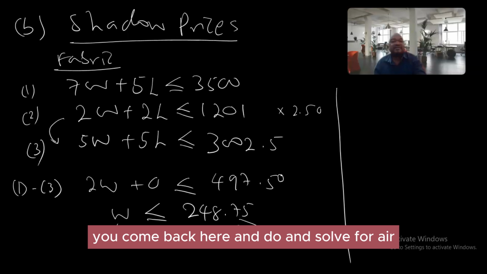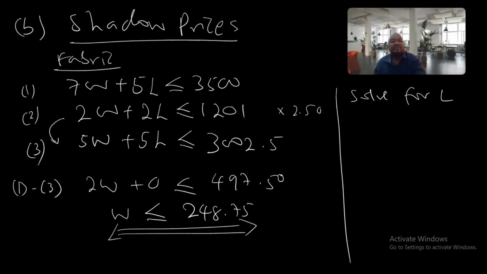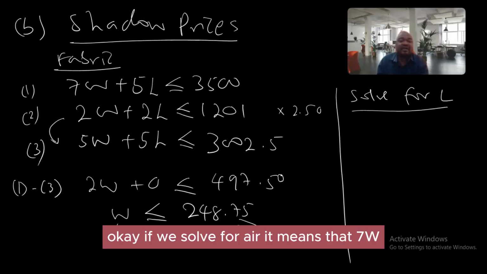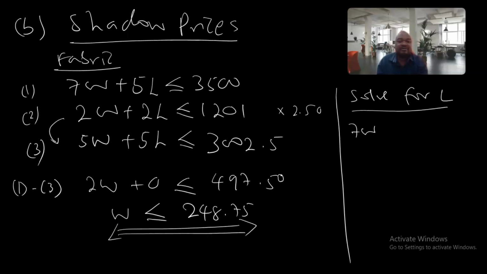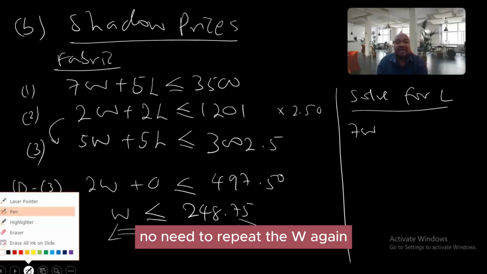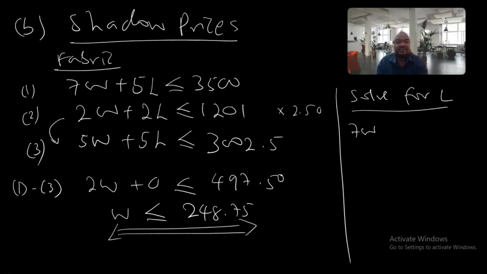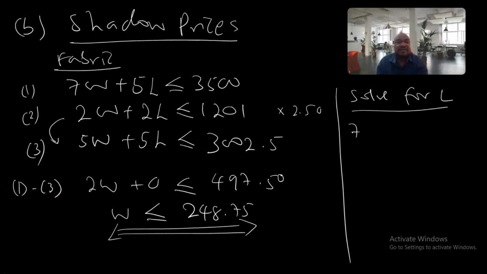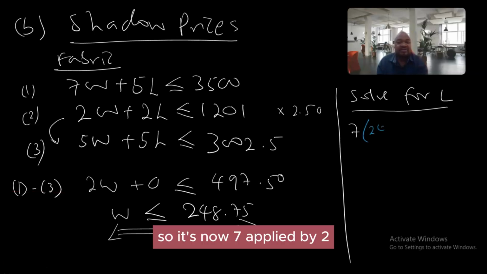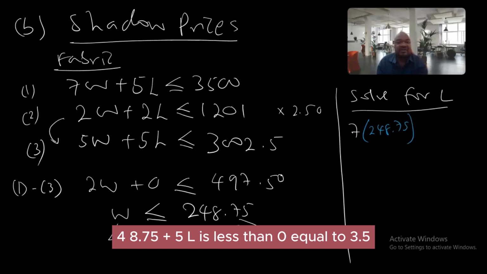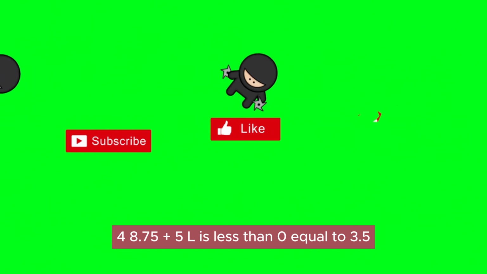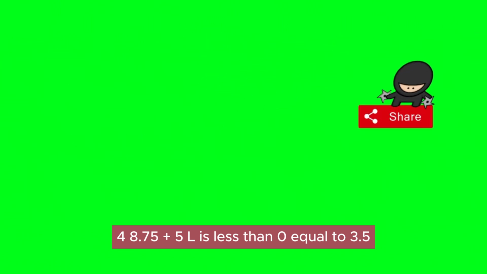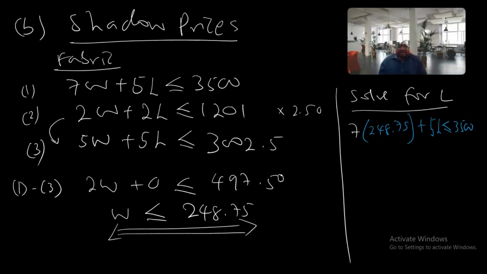Now you come back here and solve for L. No need to repeat the W again, because in the exam we don't have that time. So it's 7 multiplied by 248.75 plus 5L is less than or equal to 3,500.